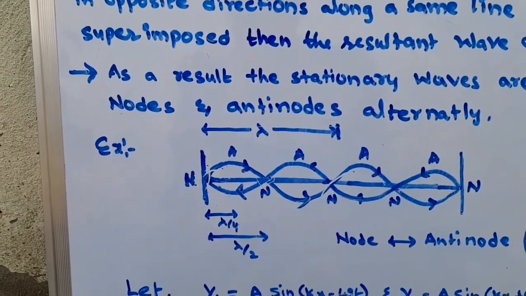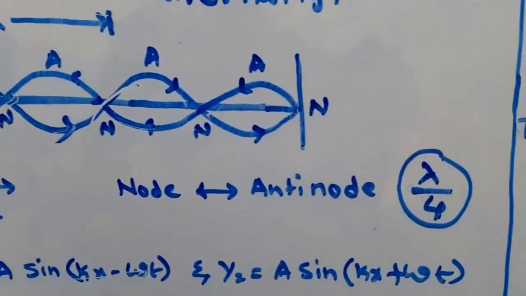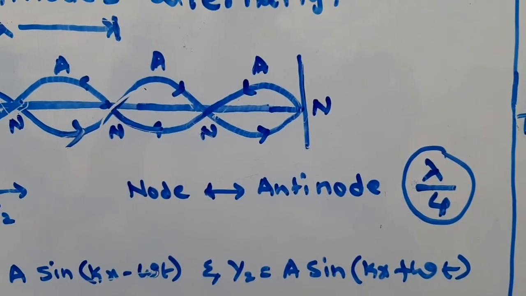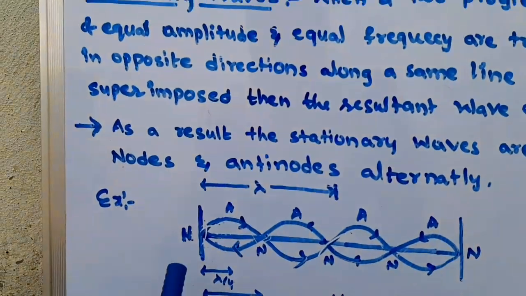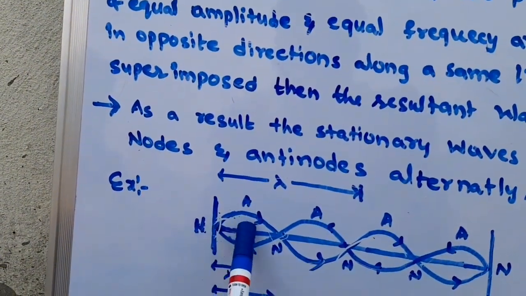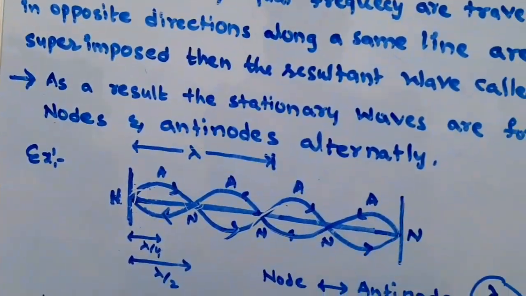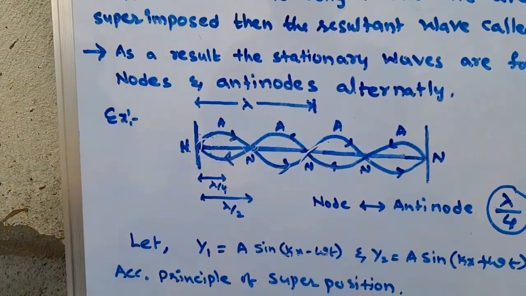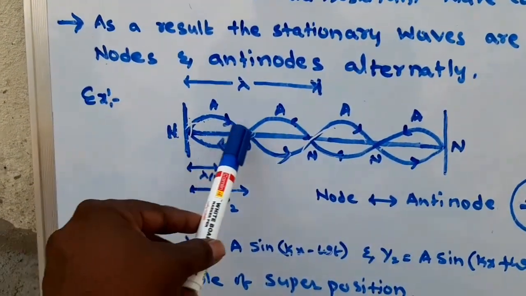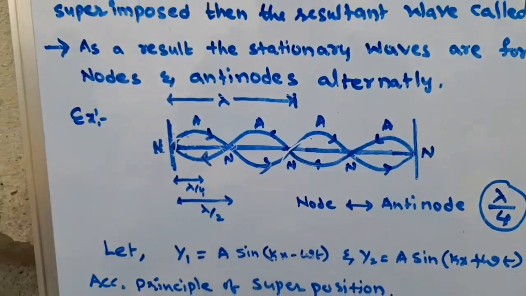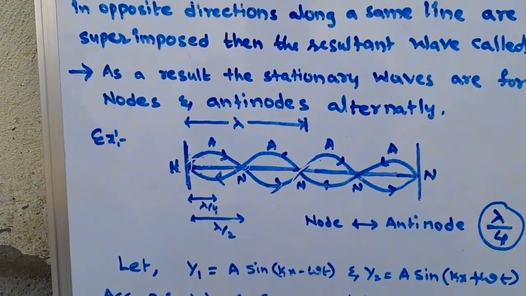Remember, the most important thing is that a node and an adjacent antinode are separated by a distance of lambda by 4. From this node to this antinode the distance is lambda by 4. Each alternate node or alternate antinode is separated by a distance of lambda by 2.